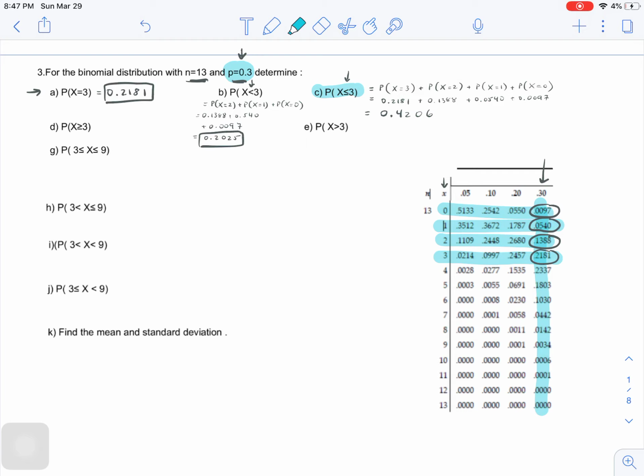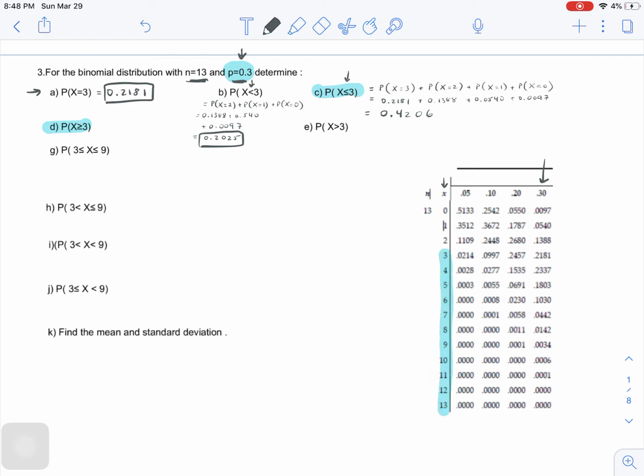All right. Now in part D, we want the probability that x is greater than or equal to 3. So before, I wanted the probability that x is less than or equal to 3. Now I want the probability that x is greater than or equal to 3.